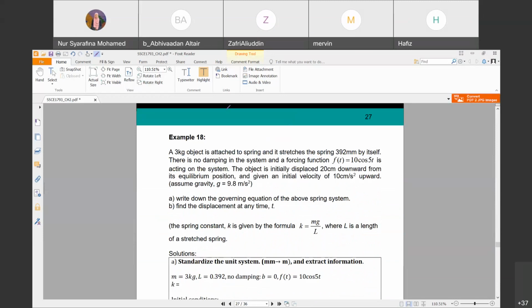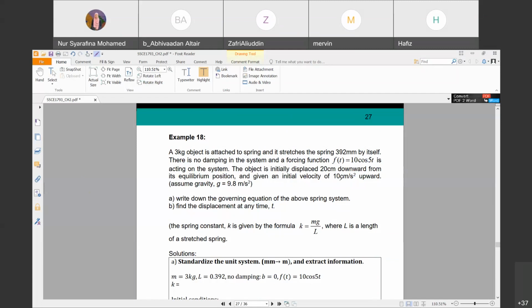This one is given in terms of a problem, so you need to understand. A 3 kilogram object is attached to a spring and it stretches the spring 392 mm by itself. There is no damping and a force function is given. The object is initially displaced 20 cm downward from its equilibrium position and given an initial velocity upward.